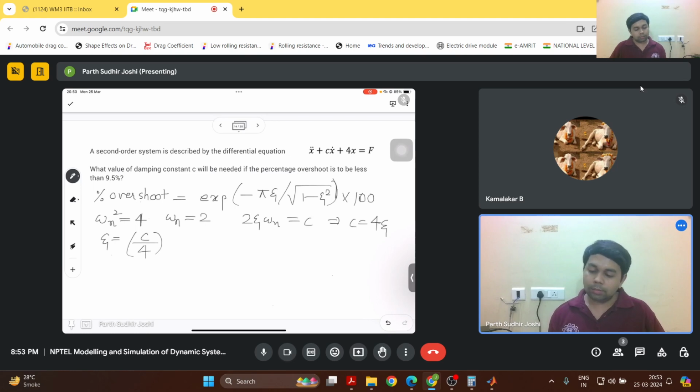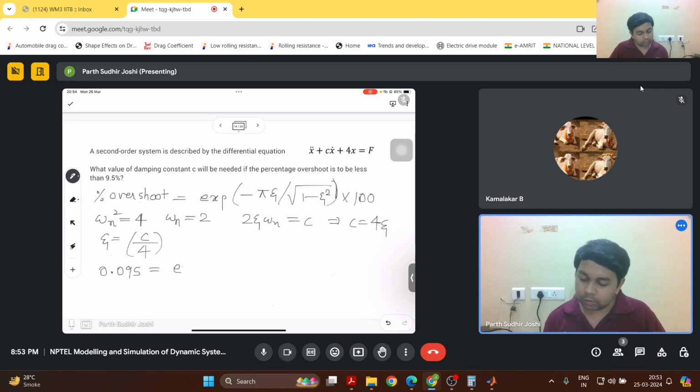So we want the percentage overshoot to be less than 9.5%. So let us assume that it is 0.095. So 9.5% will be 9.5 by 100.